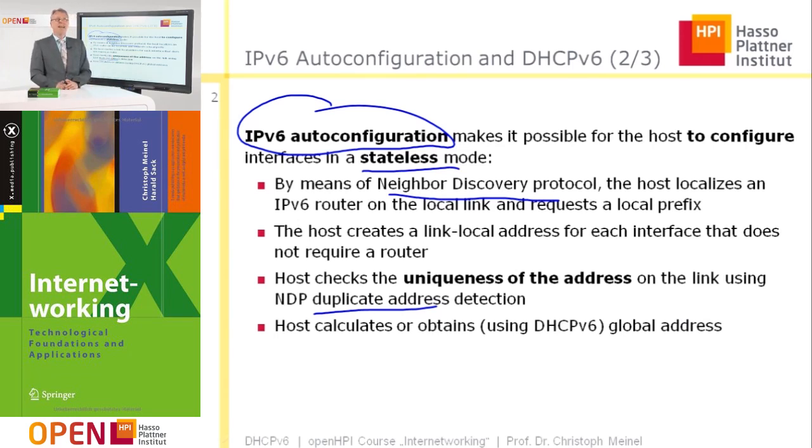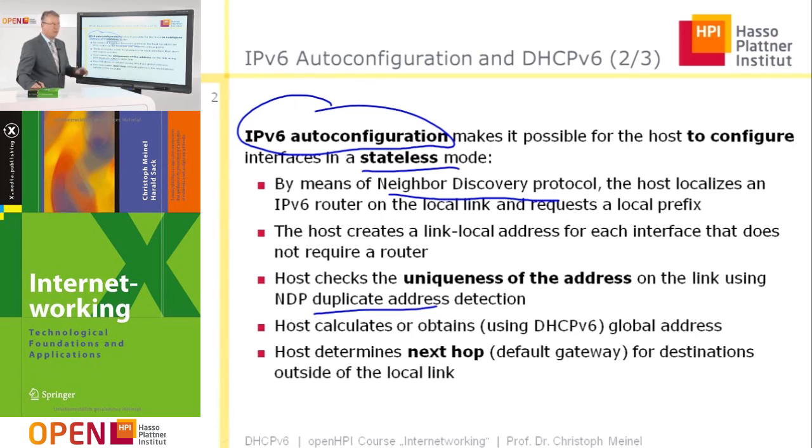Then the host calculates by itself a global address, or it obtains this by the DHCP version 6 protocol, which is also meant for such auto-configuration. And the host determines the next hop.